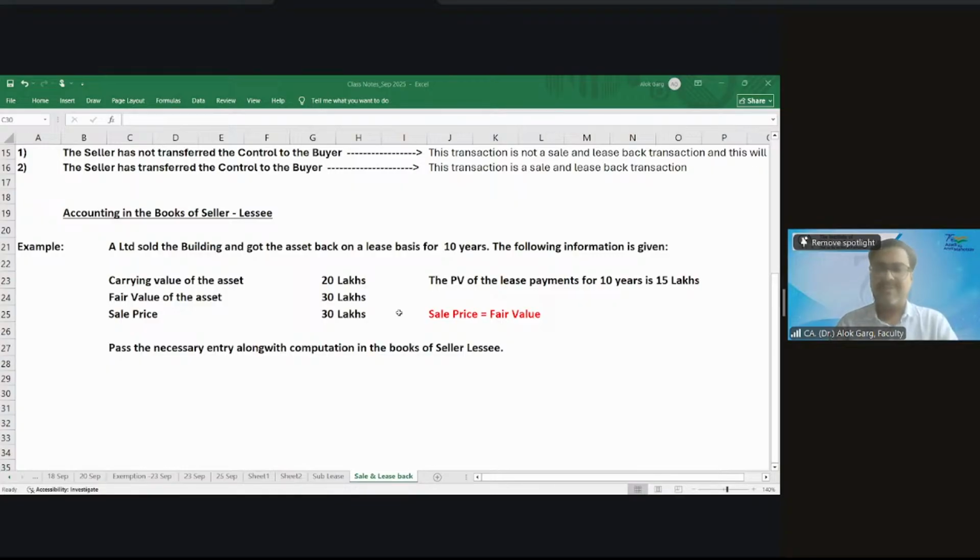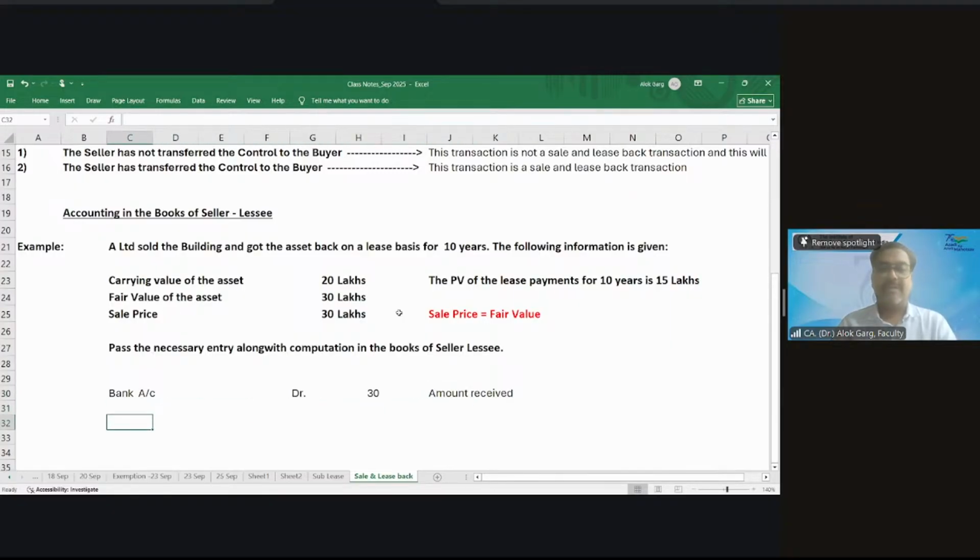First of all, let's try to solve this example with whatever information we have. Bank account debit. Tell me for what value your bank account will be debited in this case? 30 lakhs, as simple as that. This bank account debit is nothing but the amount received.